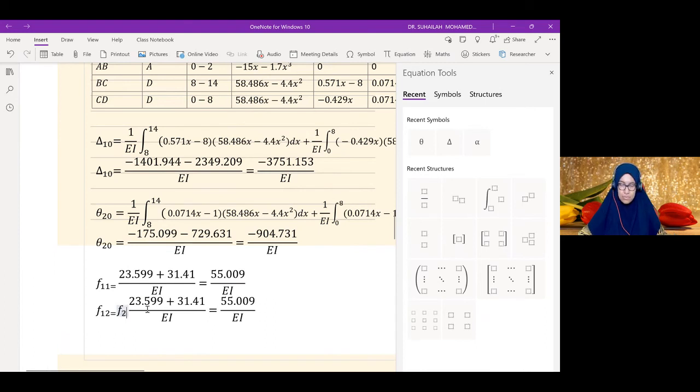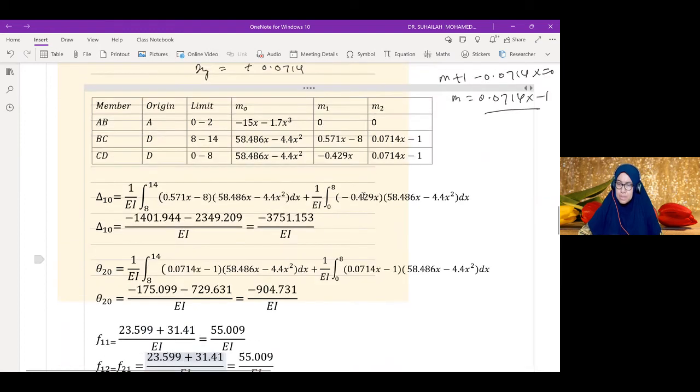So this is F21. Now we will calculate M1 times M2. It is 0.571x minus 8 times 0.0714 x minus 1, with limit from 8 to 14.